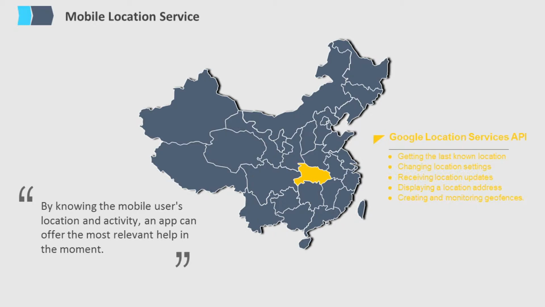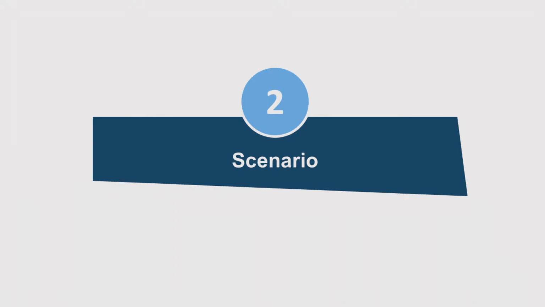For Android mobile apps, there is the Google Location Service API, also known as Fused Location Provider API, which offers some high-level services to get users' location data. The key features include getting the last known location, changing location settings, receiving location updates, displaying a location address, and creating and monitoring geofences.